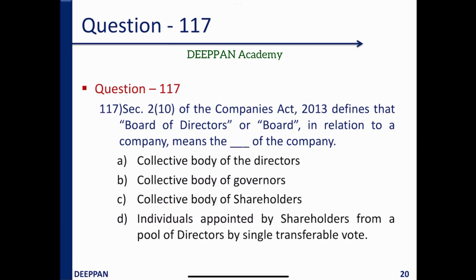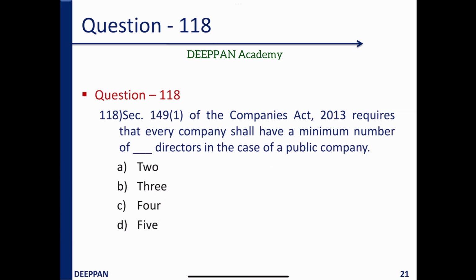Asset capital. Section 2, subsection 10 of the Companies Act 2013 defines that board of directors or board in relation to a company means the dash of the company, collective body of the directors. Section 149, subsection 1 of the Companies Act 2013 requires that every company shall have a minimum number of dash directors in the case of a public company. 3.